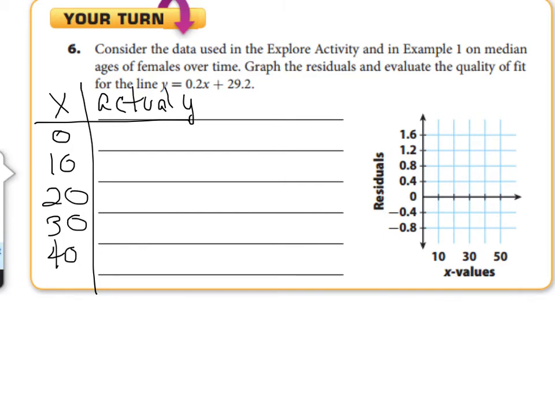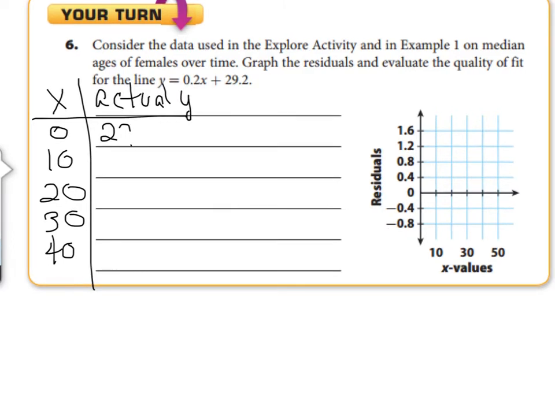And again, I'm getting these numbers from either the chart that they rewrote on 257 or the one at the very beginning on page 255. The actual y's were 29.2, 31.3, 34, 36.5, and 38.2.